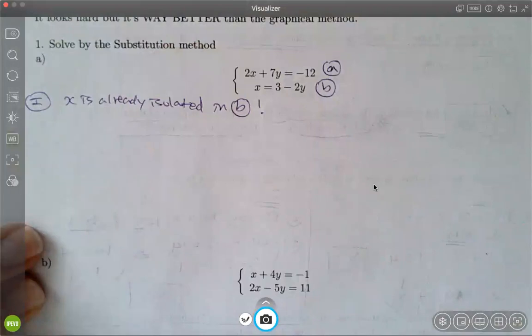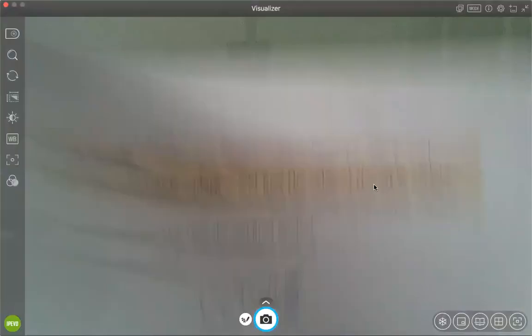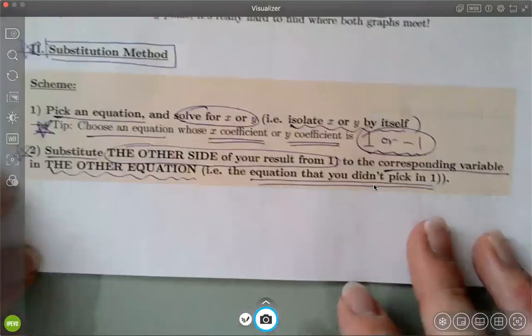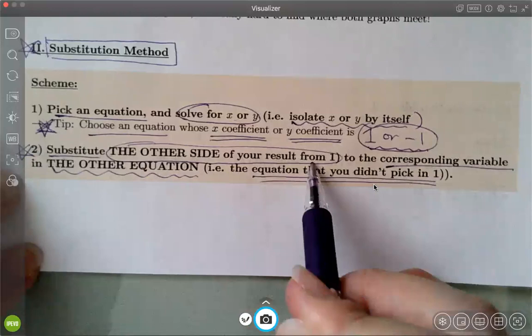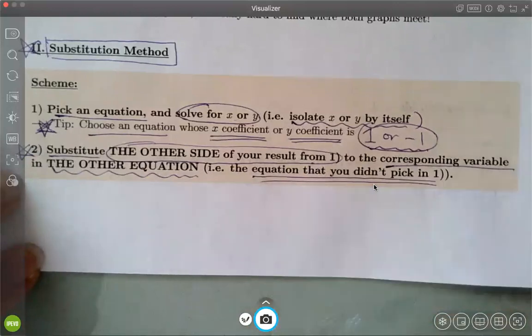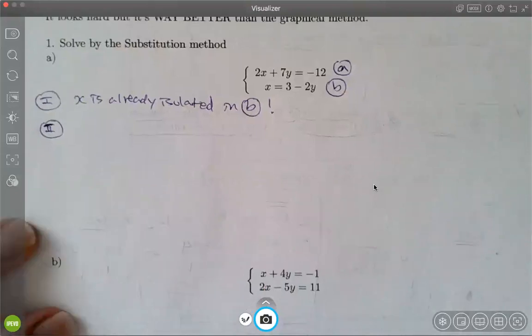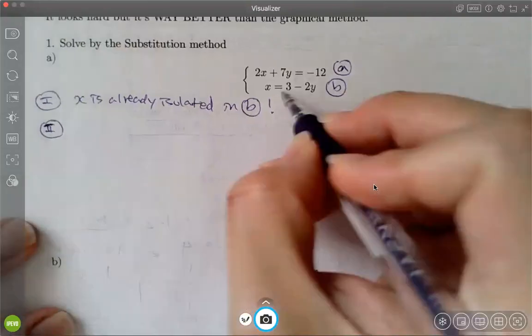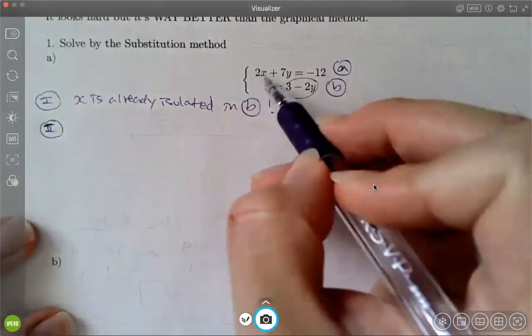And now, what is step number 2? That's the tricky thing. Substitute the other side of the result from step 1 and plug that into the corresponding variable in the other equation. What do I mean by that? What's the other side of B? 3 minus 2y. And plug that into the corresponding variable x in which equation?